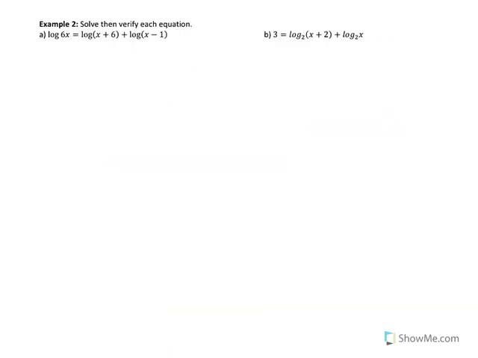Alright, log of 6x equals log of x plus 6 plus log of x minus 1. So because this is a multiplication, we have log 6x equals log of x plus 6 times x minus 1.